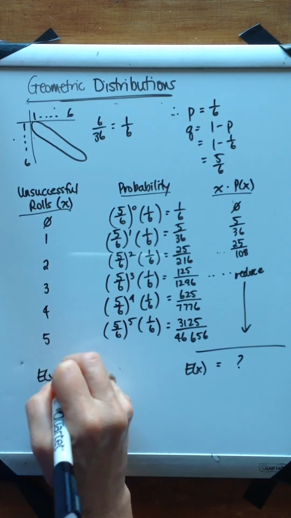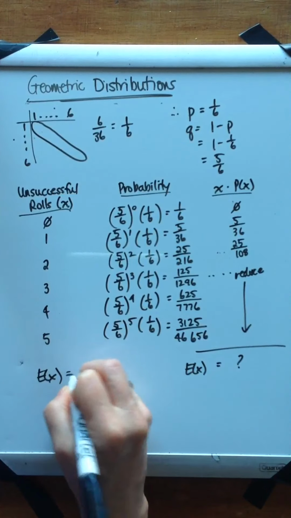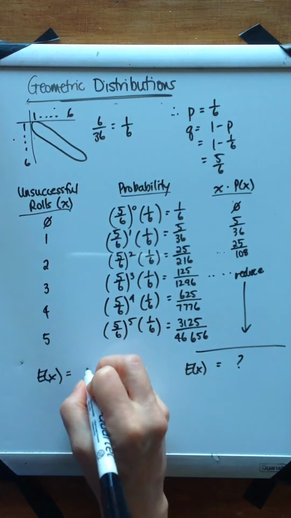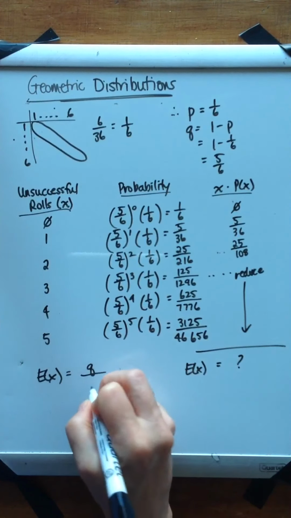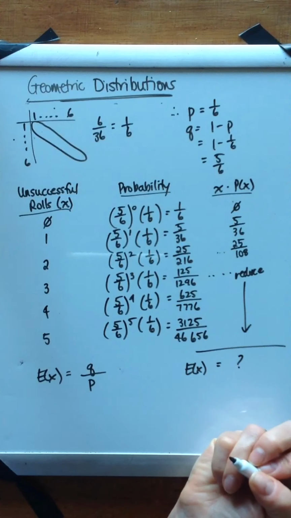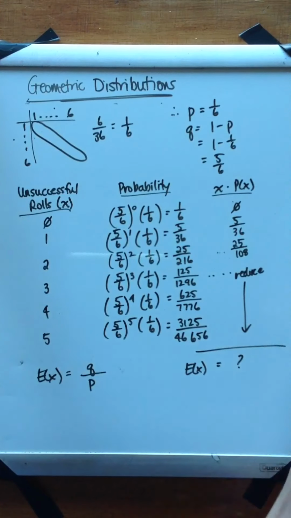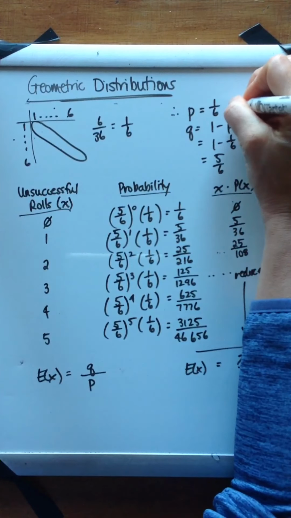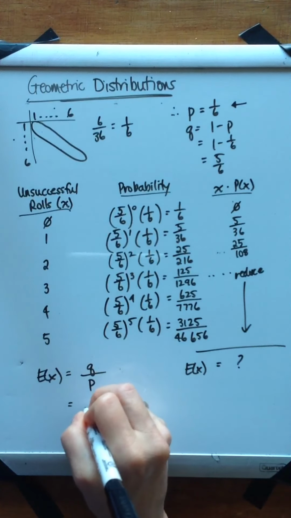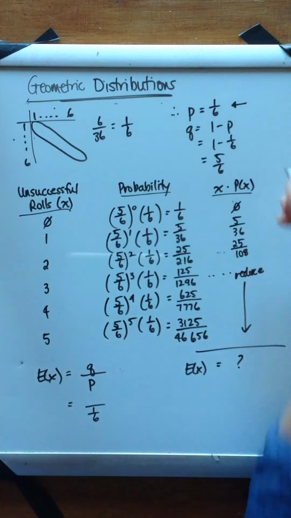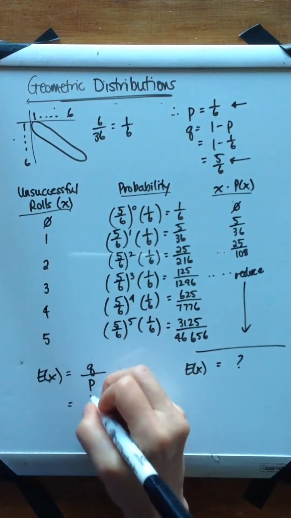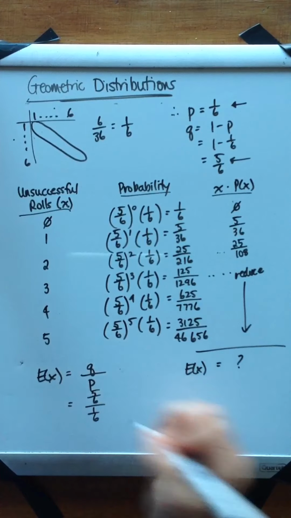The expected value for a geometric distribution is just equal to the probability of failure divided by the probability of success. So for our Monopoly example here, our probability of success is 1 over 6 on the bottom, and our probability of failure, which goes on the top, is 5 out of 6.